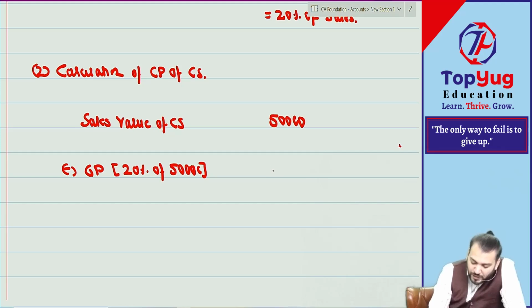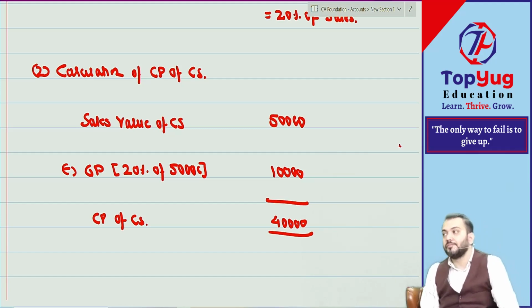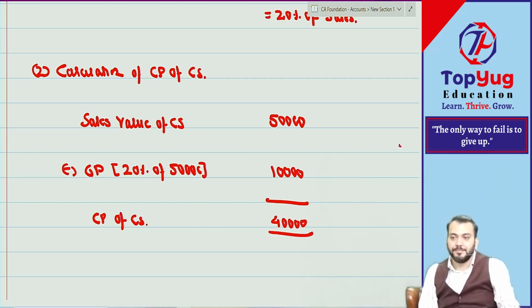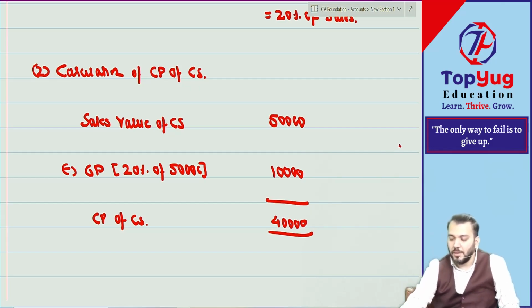So how much profit is included in this? 10,000. So what is the cost price of closing stock? Cost price of closing stock is 40,000. Understood? Have you understood? Any doubt? Have you understood or not?